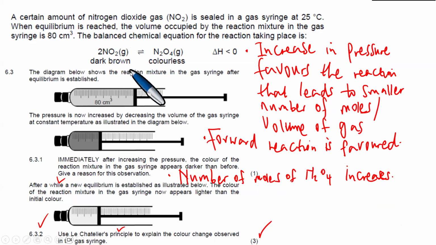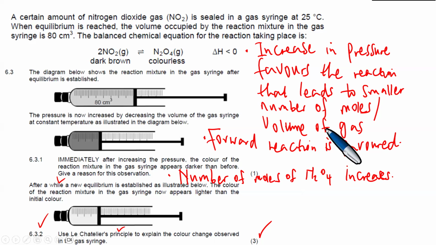This is the reason. How do you increase the pressure? You increase the pressure by decreasing the volume. If you decrease the volume, the pressure increases, and an increase in pressure favors the reaction that leads to a smaller number of moles or volume.